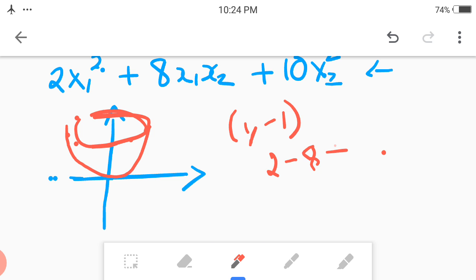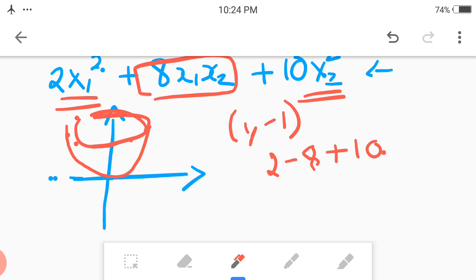Since the square terms are more compared to the x1 x2 terms, you will always end up with positive values.